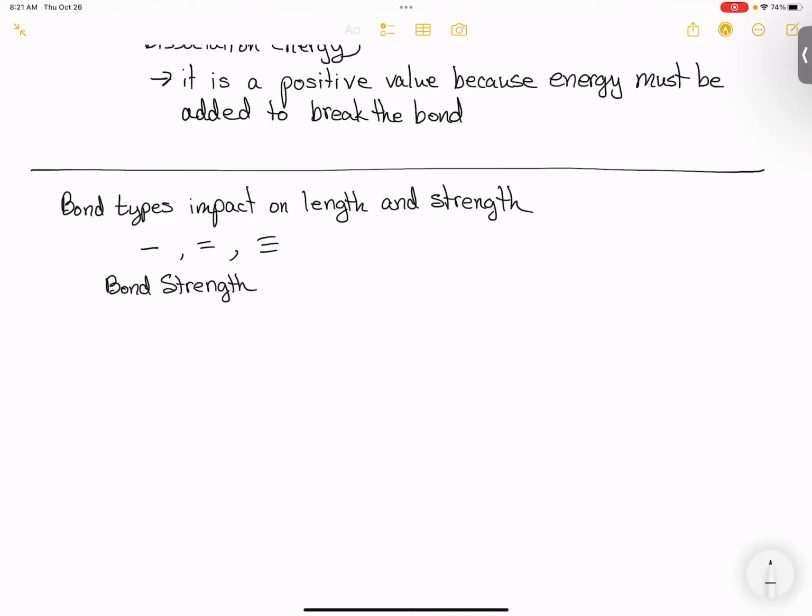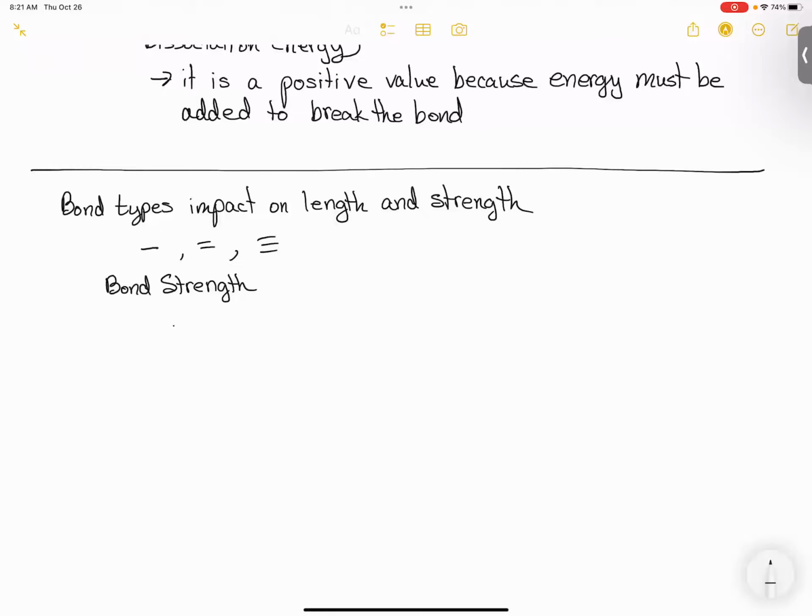So we're going back to my stick analogy. I'm trying to break one stick. Then I try to break two sticks of that size. Then I'm trying to break three sticks of that size. What can we say about the strength of it? It gets harder to break.